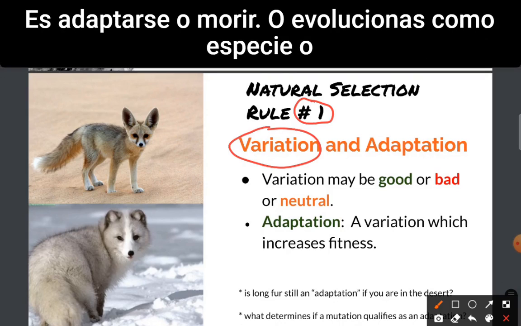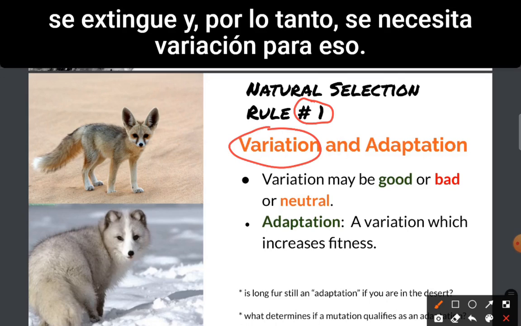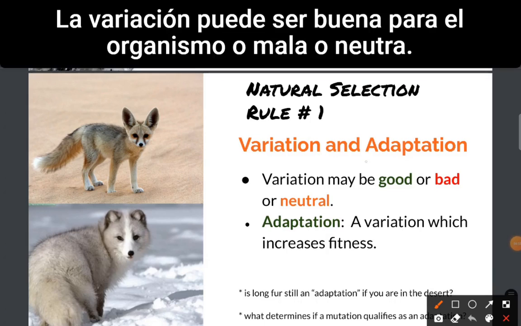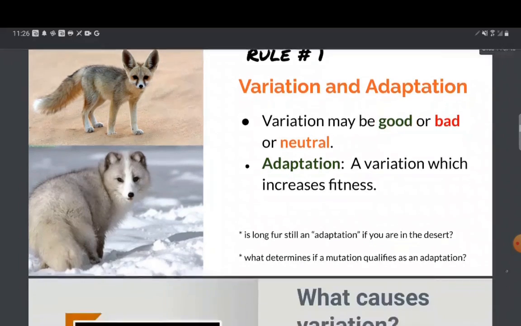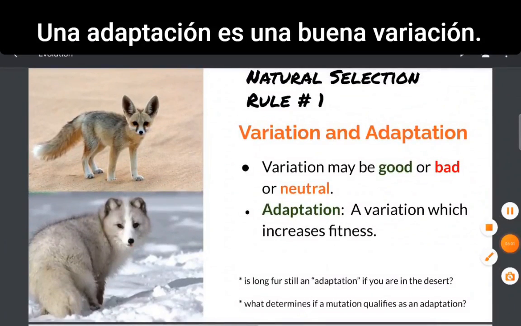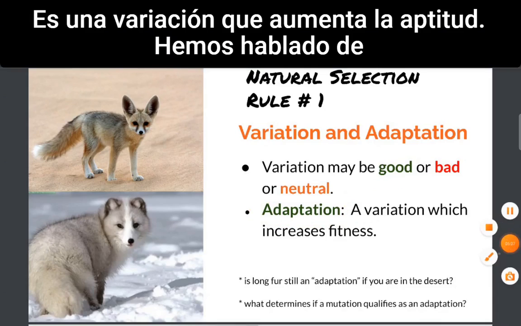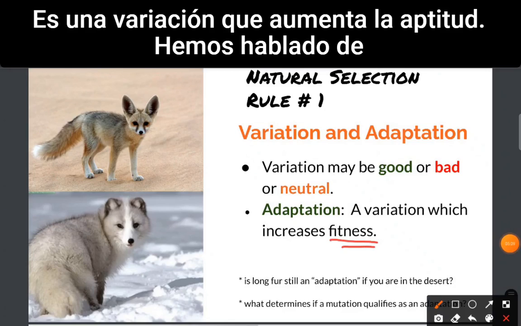In nature, it is adapt or die. You either evolve as a species or you go extinct. And so, variation is needed for that. Variation may be good for the organism or bad or neutral. An adaptation is a good variation. It is a variation which increases fitness.